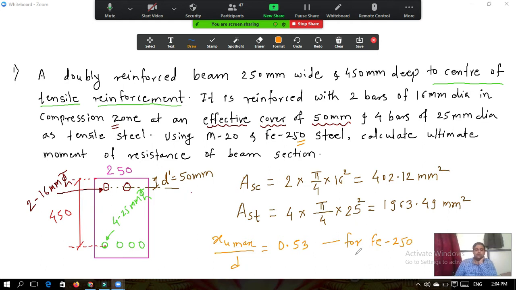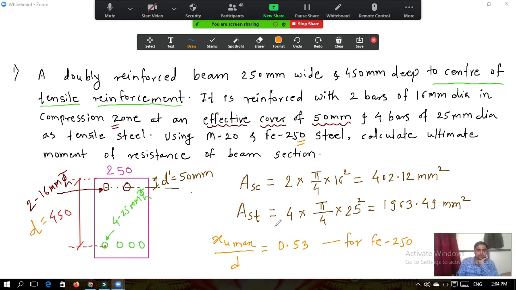Now you know the value of D. This 450 is nothing but your effective depth, and your total depth will be from this point to the last point. From this you can calculate the value of XU max.